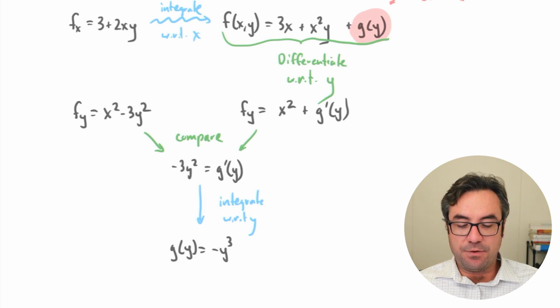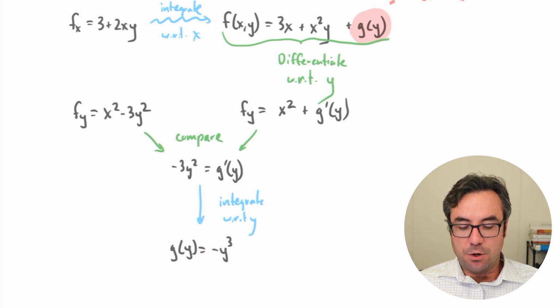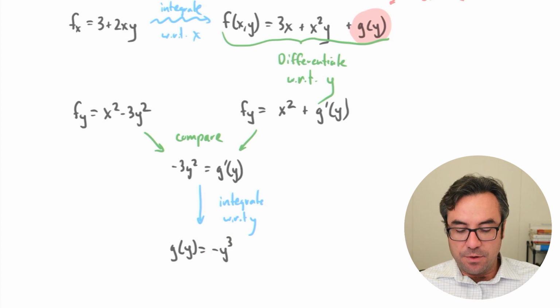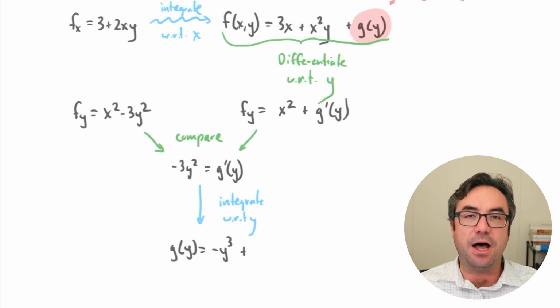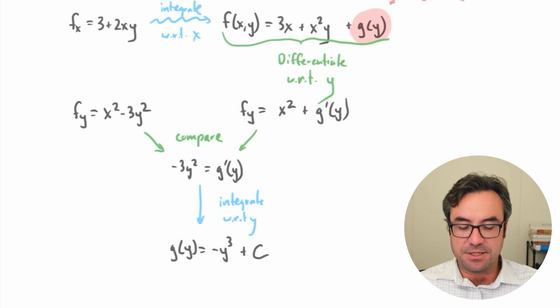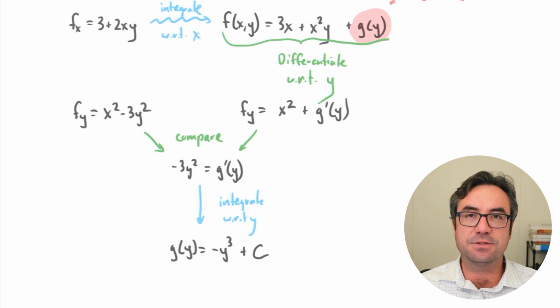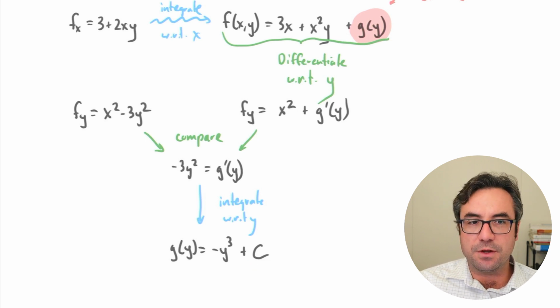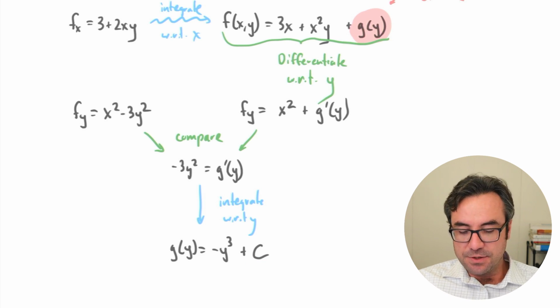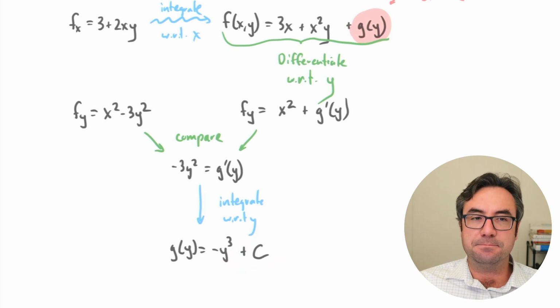And because we've already gone through the x integration, there shouldn't be any x's here. So at best, the only thing that could have possibly gotten canceled off was a constant term. We've already taken care of the x's, now we've taken care of the y terms. So the only thing that could have gotten canceled off with the derivative is a constant. So this tells us this unknown function g of y is negative y cubed plus some constant k.